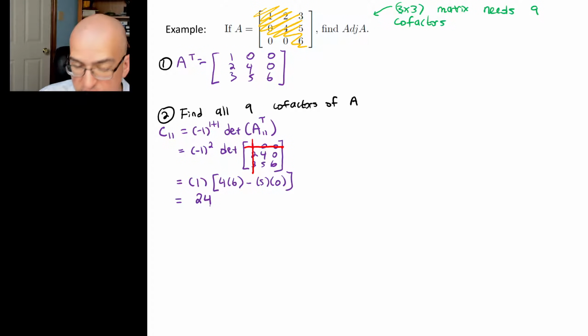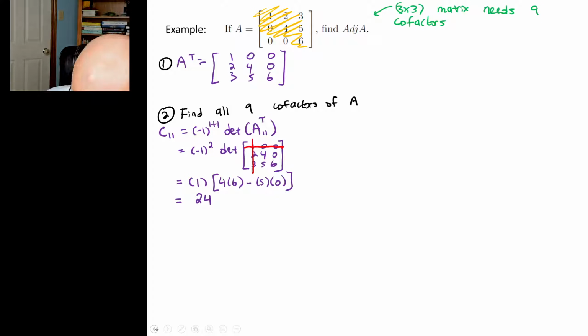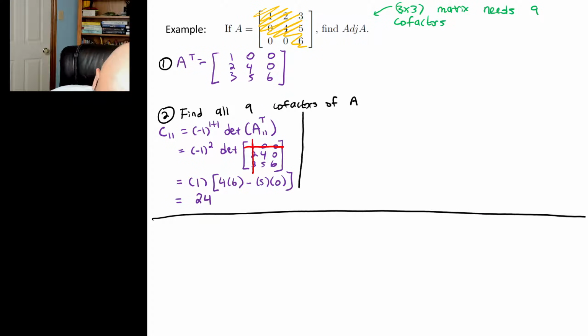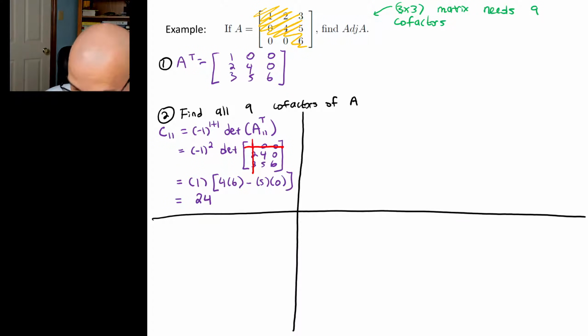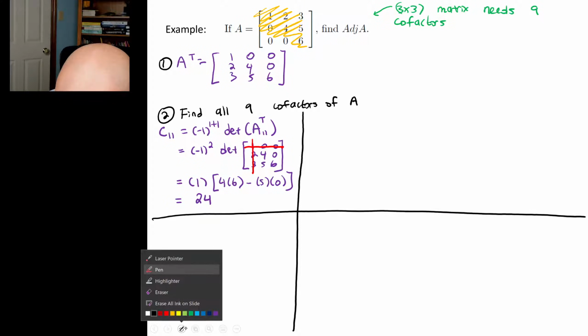So that's my first cofactor. Now I'm going to get my next cofactor. I'm going to put some separations between them so they're easy to distinguish from each other. And we'll have to continue on the next slide for sure.